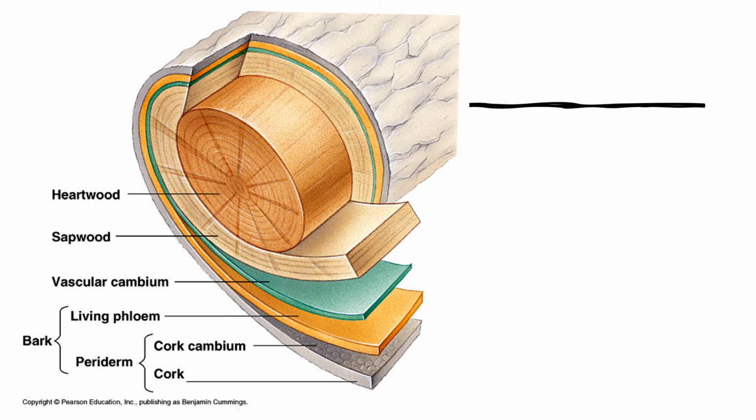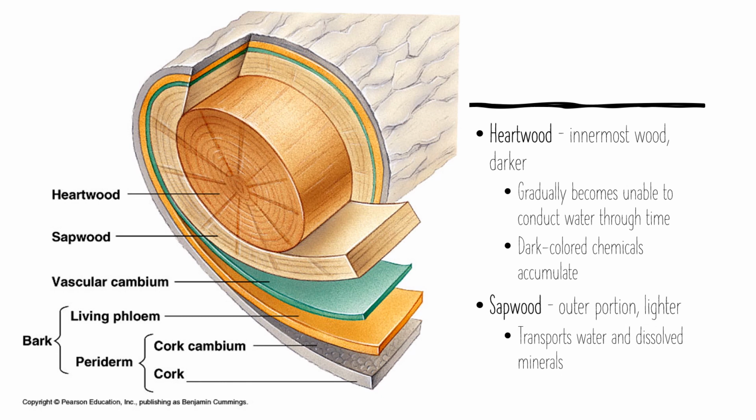Meanwhile, as the years pass, the oldest secondary xylem at the center of the trunk, which is the heartwood, gradually becomes unable to conduct water. As its function declines, dark-colored chemicals accumulate in the heartwood. So that's the reason why the layers of a tree differ in color.